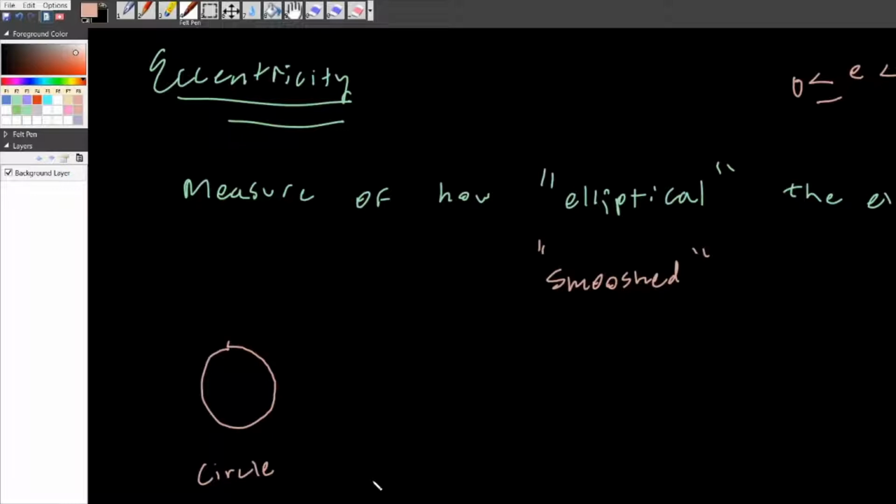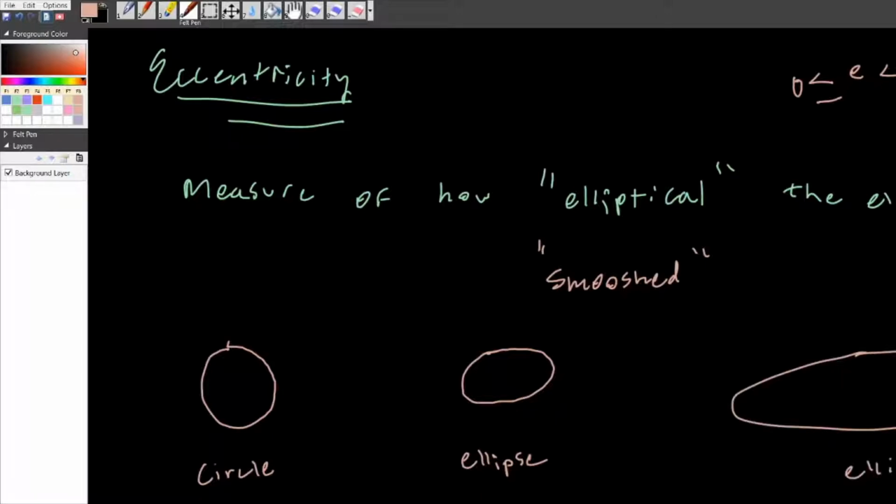It's not smushed at all. And so the more elliptical and smushed-ish you get, like say maybe that's eccentricity E equals maybe 0.5, and then E equals like 0.9.